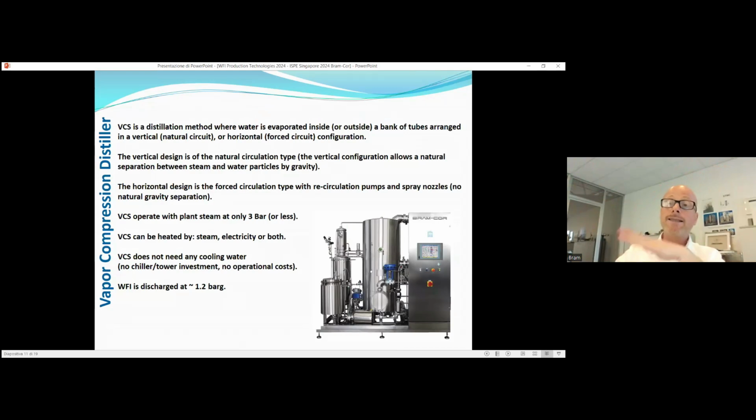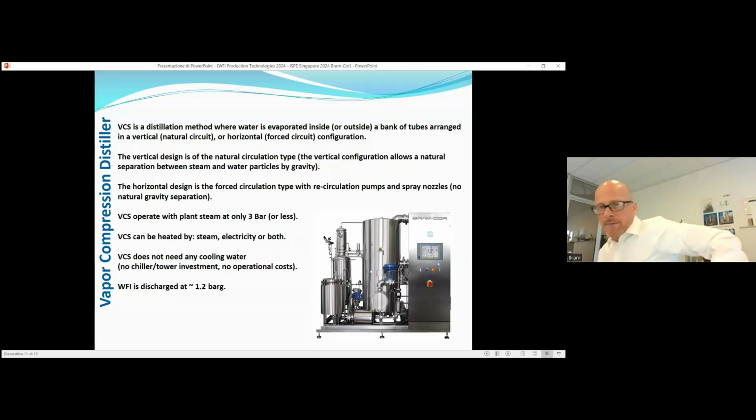Typically, as with all evaporating machines, a distiller or steam generator is a vertical machine, but we can find on the market some horizontal machines, both for WFI production and for PS production. So we are just noting also this point.